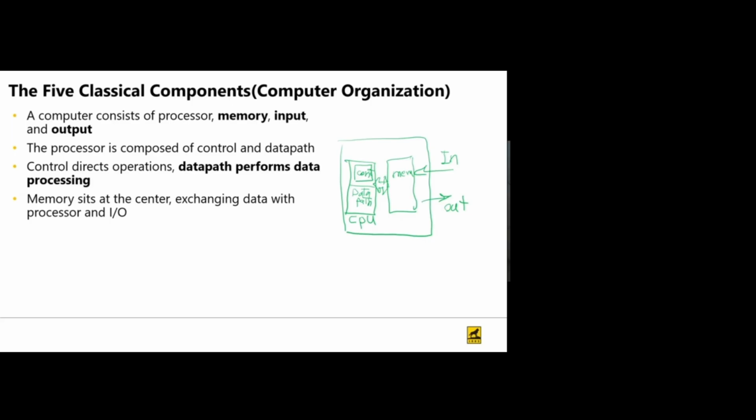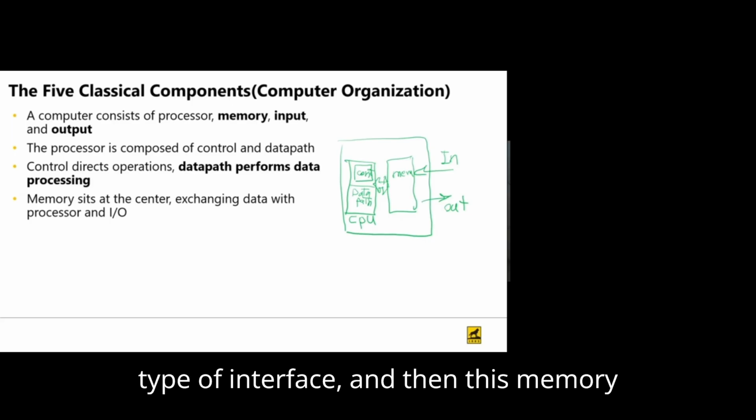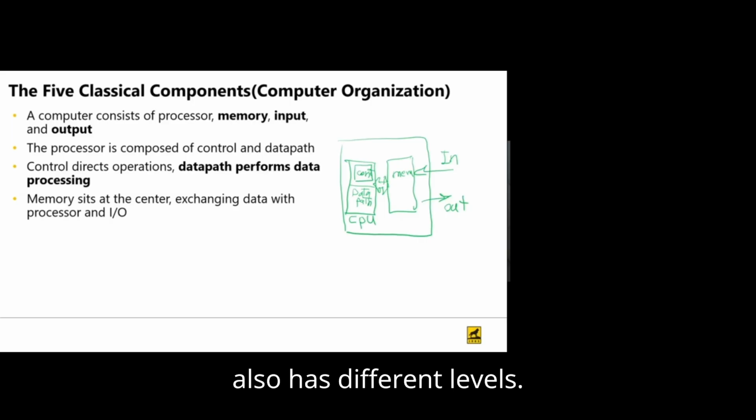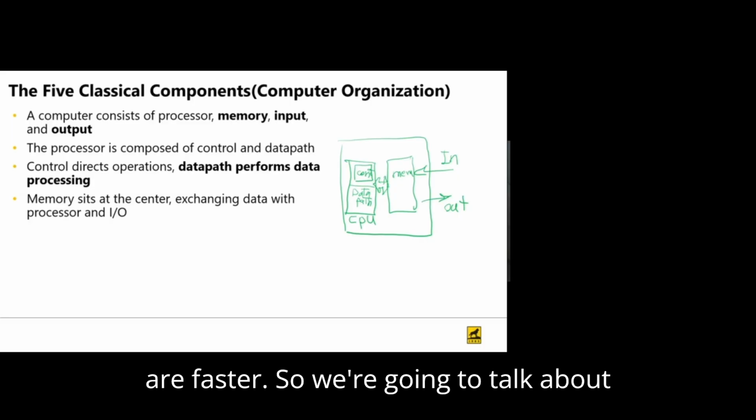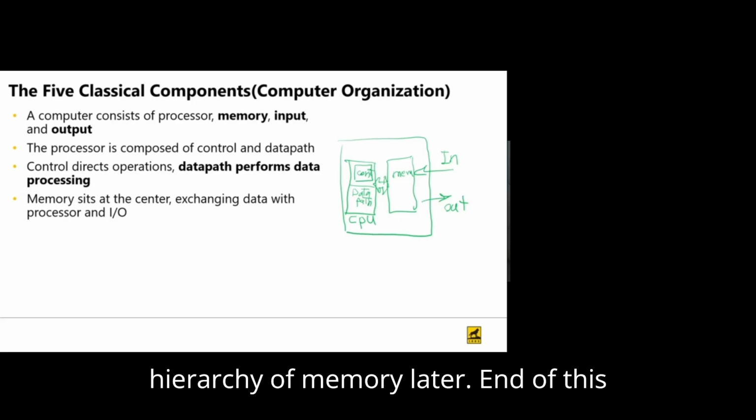So we need a type of interface, and then this memory also has different levels. We call them a hierarchy. So we have different types of memory. Some memories are faster. We're going to talk about the hierarchy of memory later, at the end of this class.